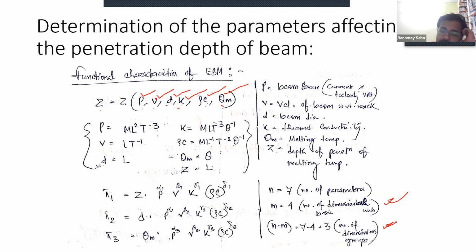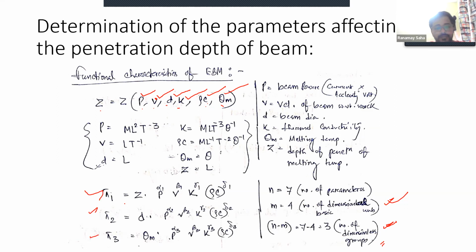And then from that, you have 4 dimensional basic units, which have to be subtracted from the total number of parameters 7 to find out the number of dimensionless groups. In this case, we found out these as 3. So pi 1, pi 2, and pi 3, 3 pi variables you should consider, right?